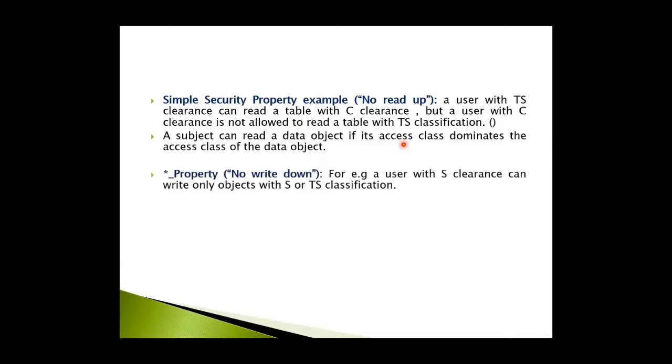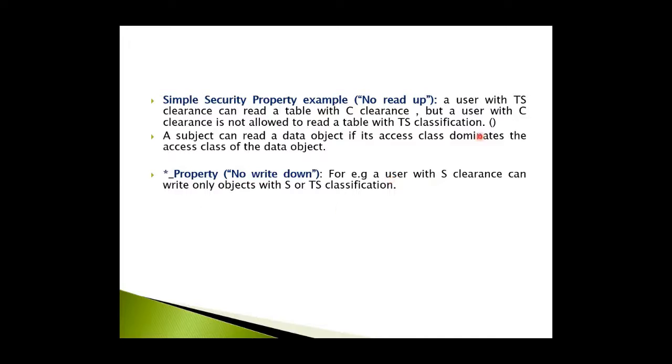Now let us try to understand the second property, which is called no write down. For example, if a user has S as the clearance or security level, that is nothing but secret, then the user can write only objects with S or top secret, that is TS classification. So it is no write down. Now what is the meaning of this?